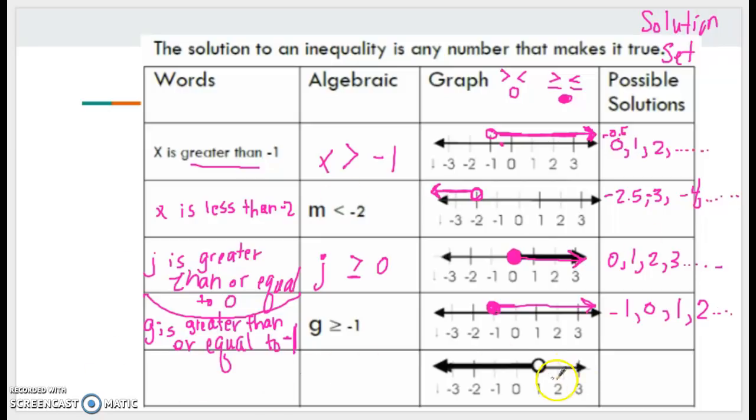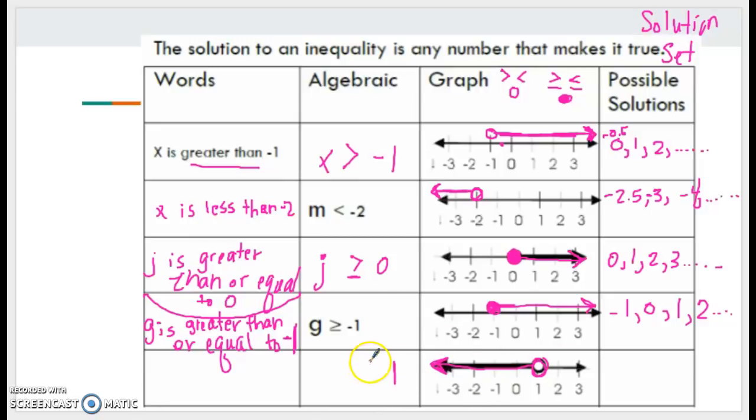All right, our last entry, we have our graph again, but we don't have our other three entries here. So our anchor point, our solution is +1. I'm going to put a +1 here. It's not filled in, so it can't equal +1, but that is still our reference point. Our arrow extends over everything to the left, so that's all going to be less than.